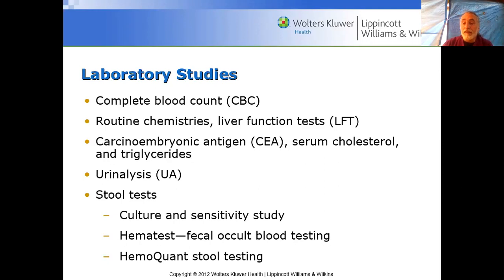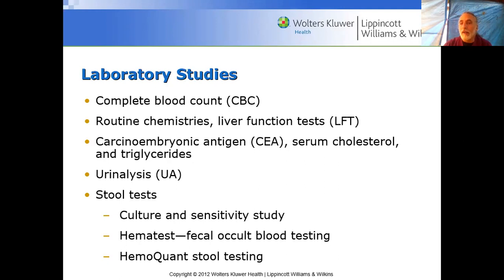Routine blood chemistries, because we get the components that we look for in these chemistries from the digestive process. We're also looking at liver function tests, the liver being an accessory organ to the digestive system.